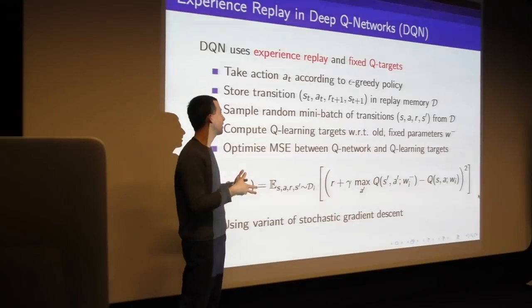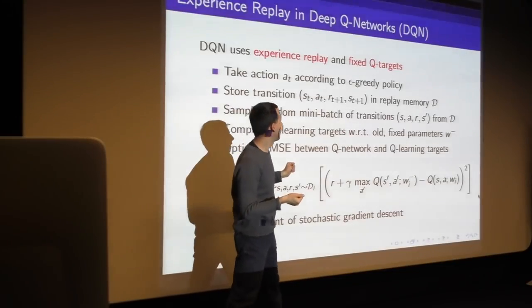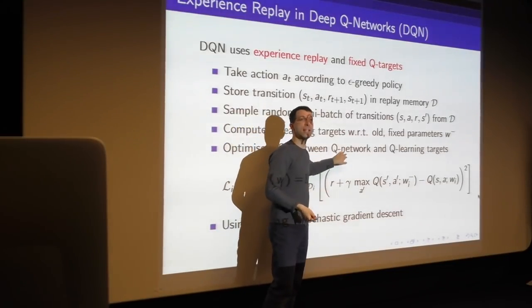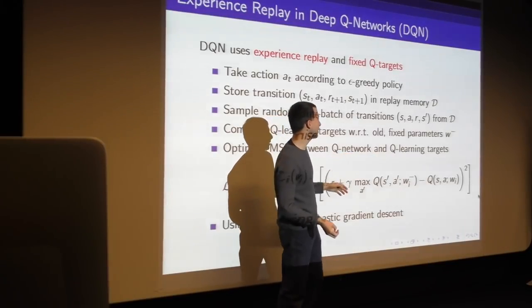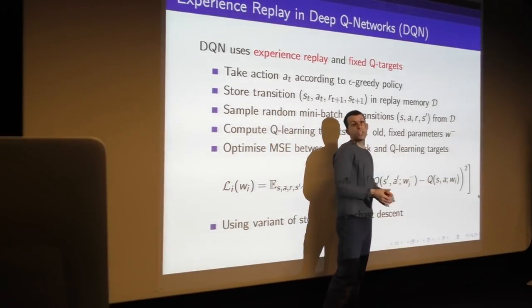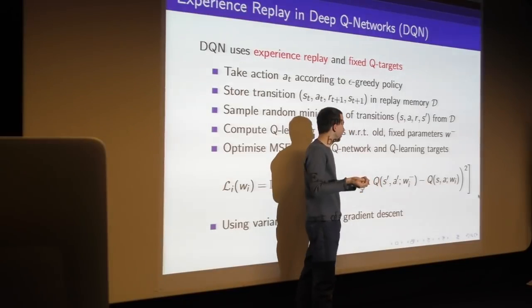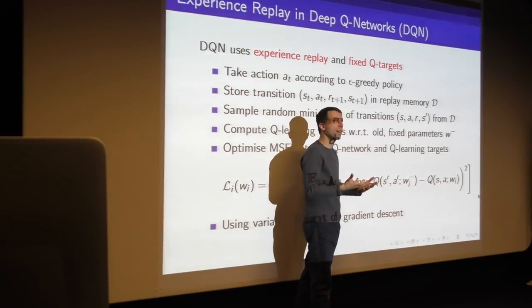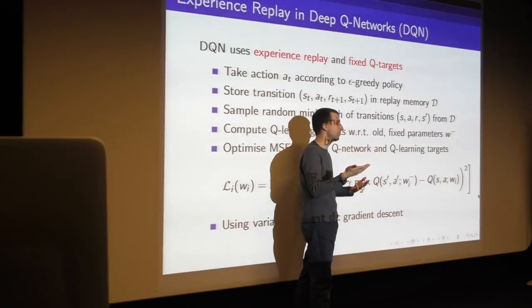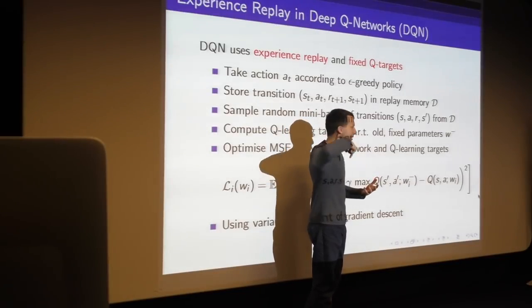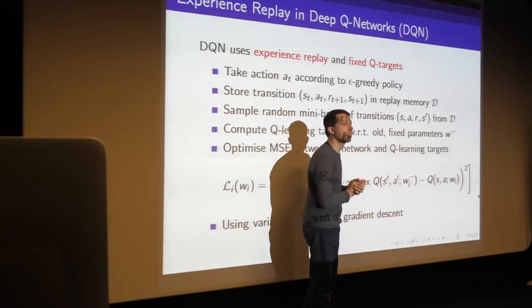And we optimize the mean squared error between what our Q network is predicting, our action value function, and our targets. The targets are just something we plug in instead of the oracle. The thing we plug in is a Q learning target. So it's just like the SARSA targets, but with a max there.